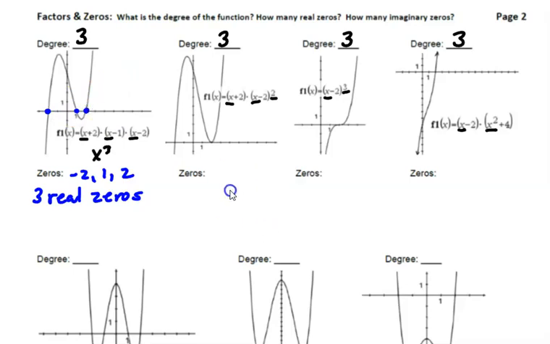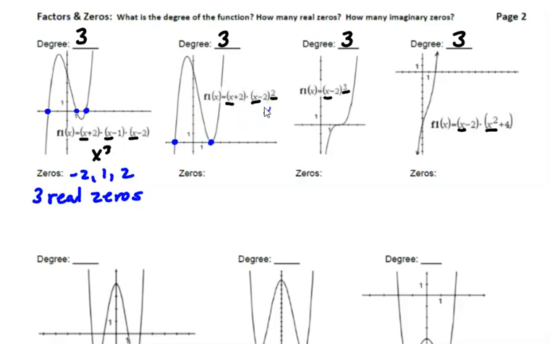Now the second one, we see a place where the graph crosses the x-axis and a place where it just touches. Whenever the graph just touches the x-axis, that clues me in that I have a double zero, or a zero that occurs an even number of times. In this case, we see a double zero. X minus 2 times x minus 2 means the number 2 appears as a zero twice.